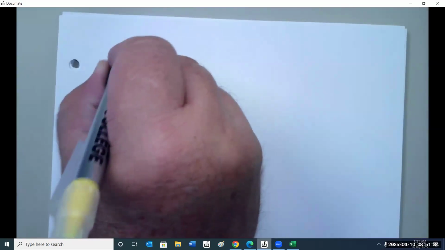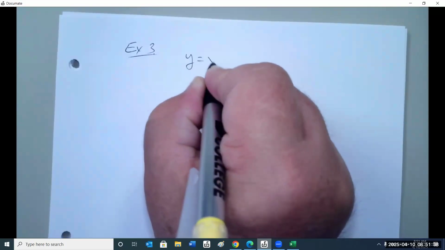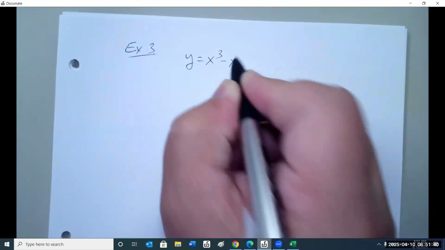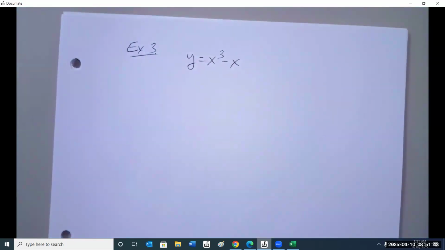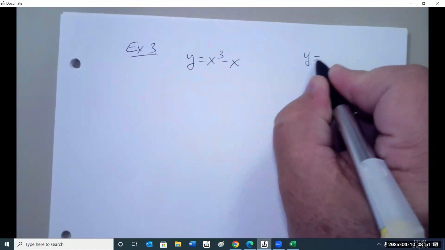Let's look at the function, the equation we had earlier, x cubed minus x. We want it to where it equals y equals 1.